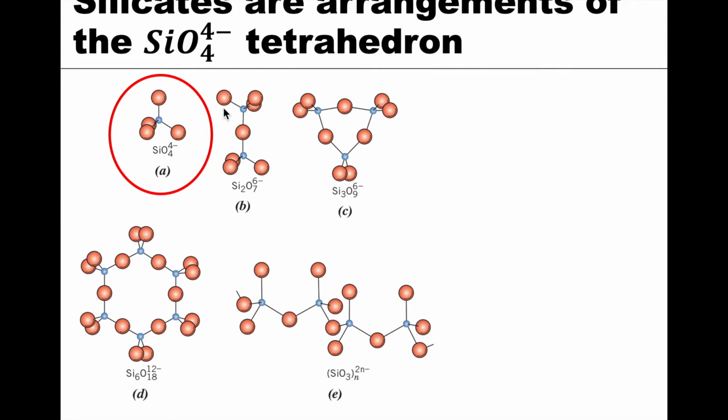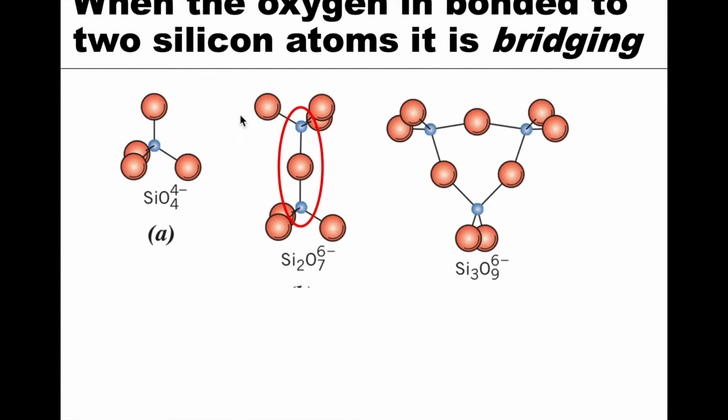So when we have these types of structures, we refer to the oxygen in two ways. If we have something like this, where the oxygen is bonded to two silicons, so basically that oxygen is shared, we call that oxygen a bridging oxygen.